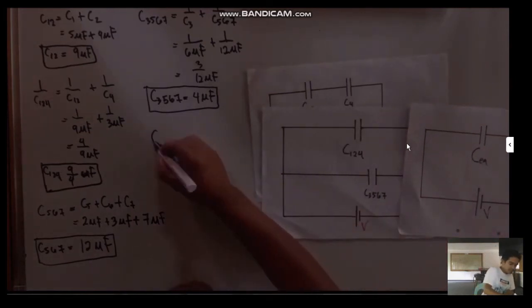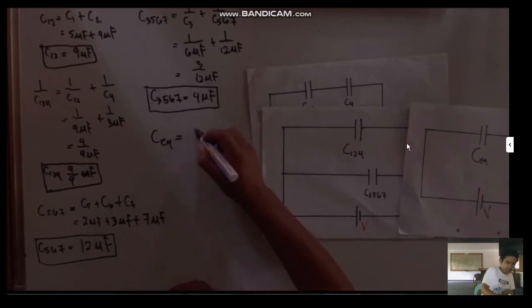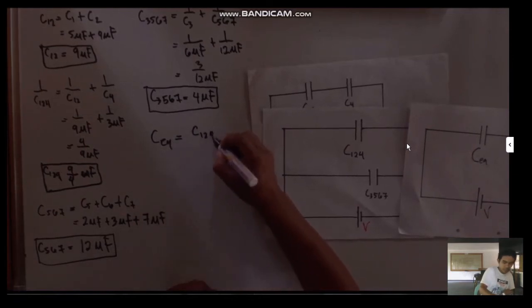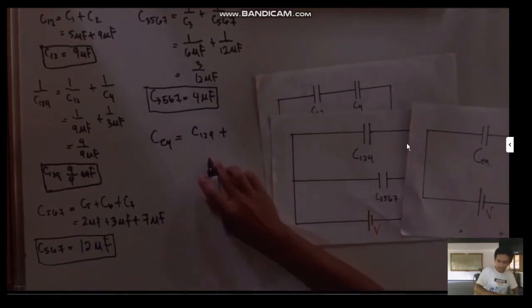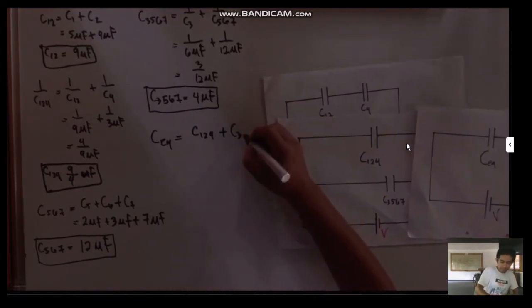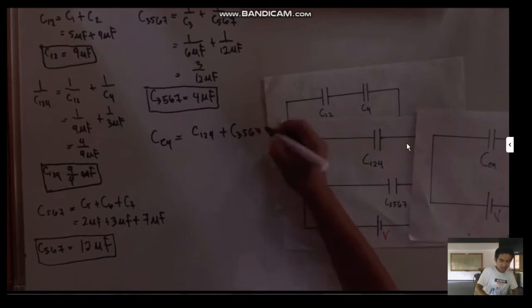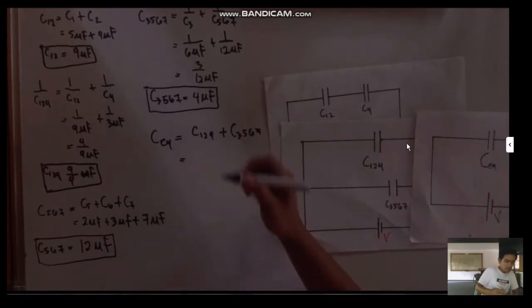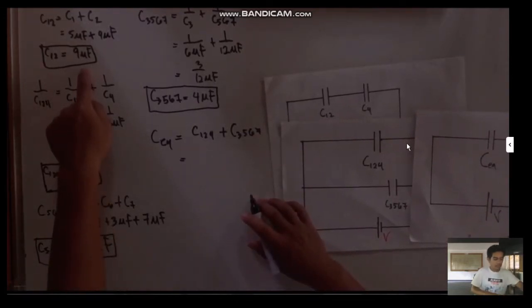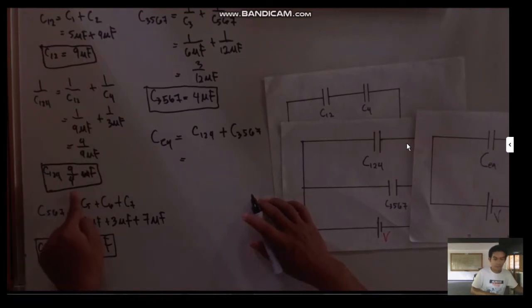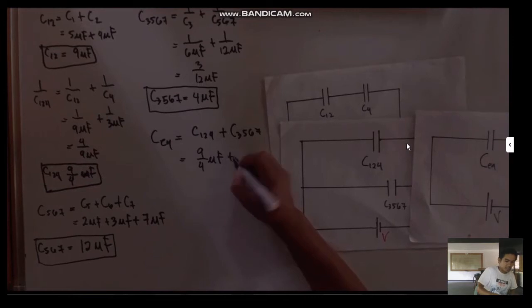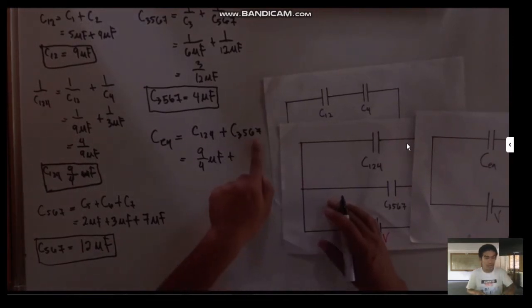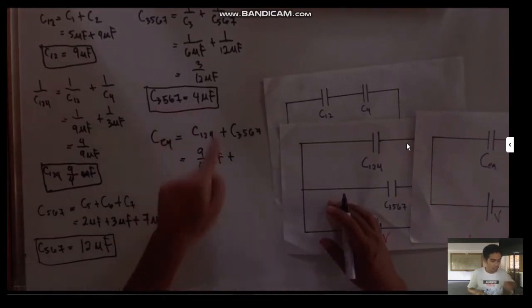Then the equivalent capacitance is equal to C124 plus, since they are parallel, C3567. C124 is 9 over 4 microfarad, plus C3567, which is 4 microfarad.